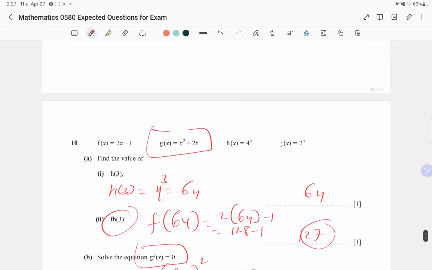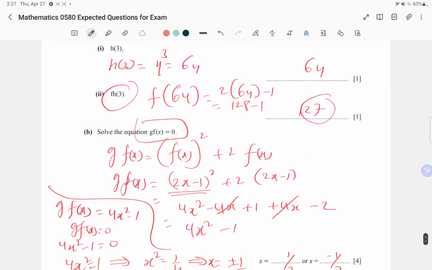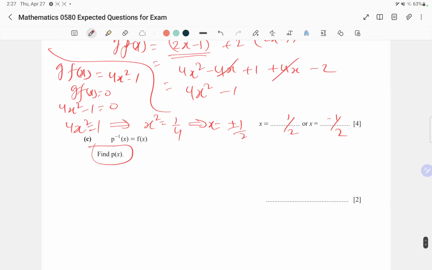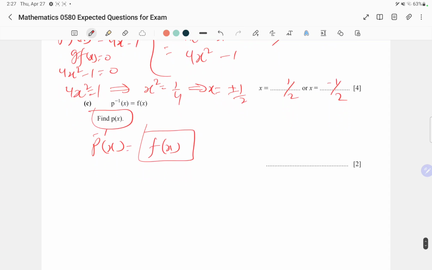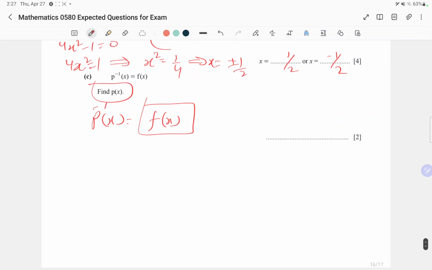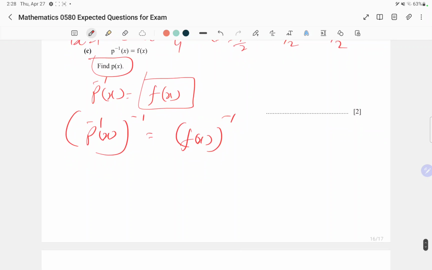Now p inverse x equals f of x. What is p inverse x? Where is p? Oh, find p(x). Okay, no problem. So p inverse x equals f of x. So what is p(x)? If I take inverse again on both sides, p inverse x inverse and f of x inverse, here you will get p(x) and here you will get f inverse x.